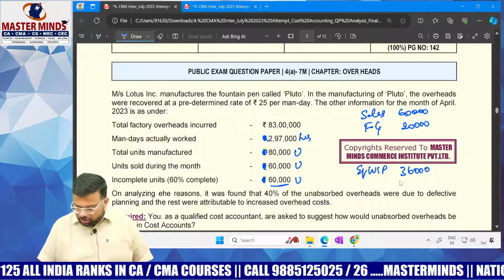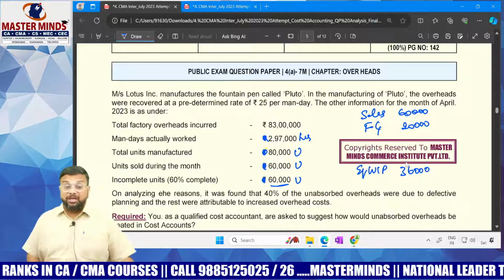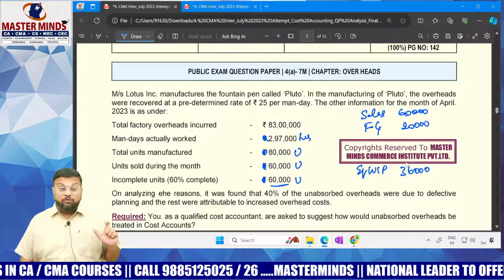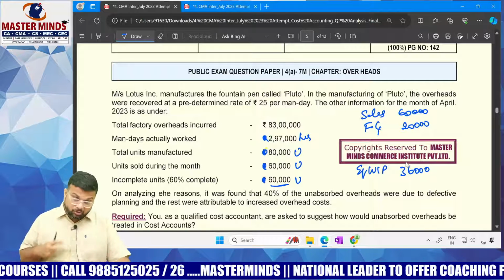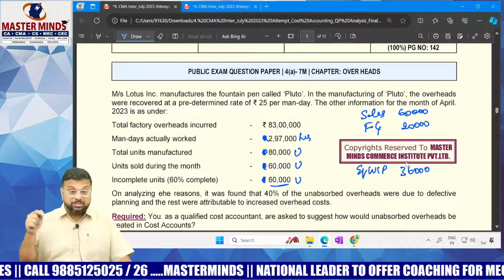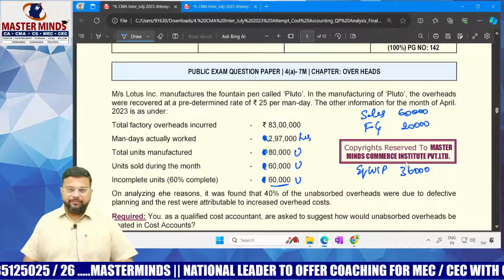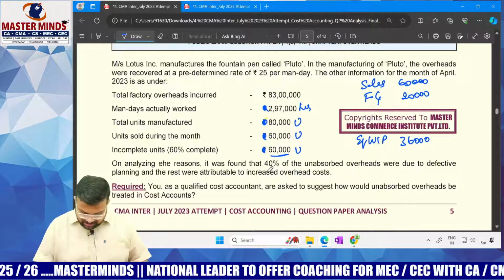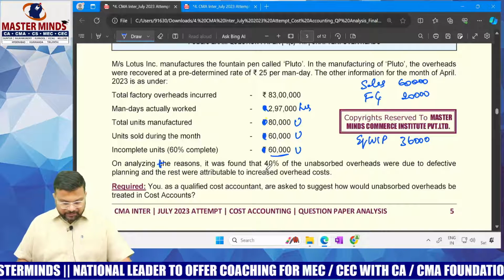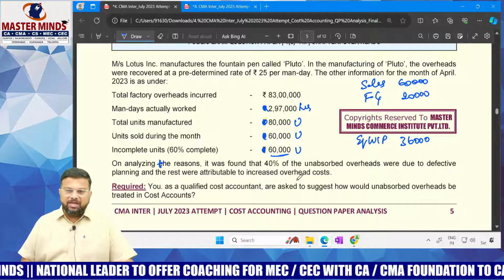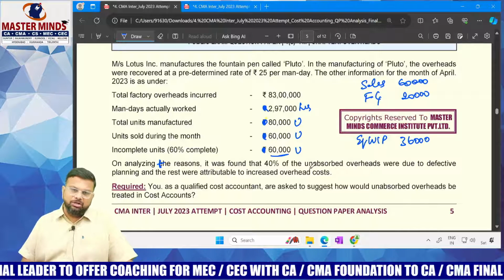By adding these all, you will get equivalent units, which will be helpful for calculating supplementary overhead rate, so that we can charge that to units when under-absorption is because of normal reasons. On analyzing the reasons, it was found that 40% of the unabsorbed overhead was due to defective planning and the rest were attributable to increase in overhead cost.